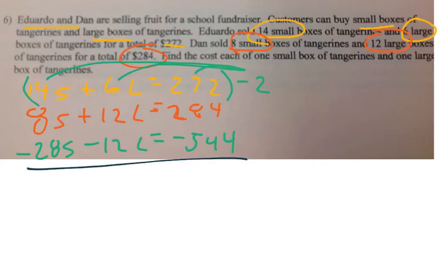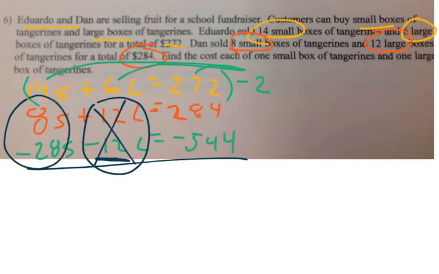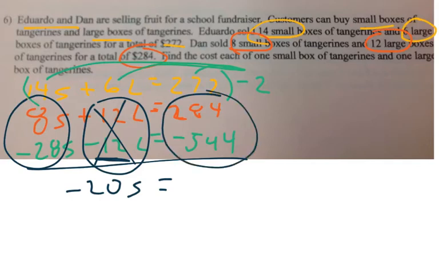And so why did I times by negative 2? Because look right here, guys. I made a negative 12, which will cancel out the positive 12. And now I don't have any large boxes to solve for. I can now do my small boxes. So what is negative 8 minus 28? That's negative 20S equals, and 284 minus 544 is negative 260.